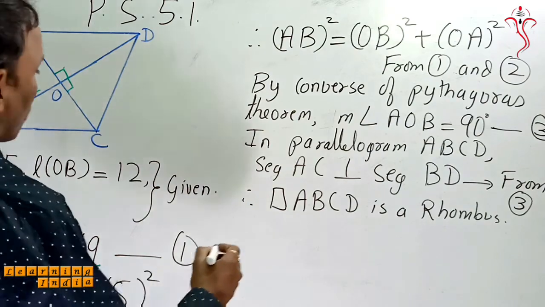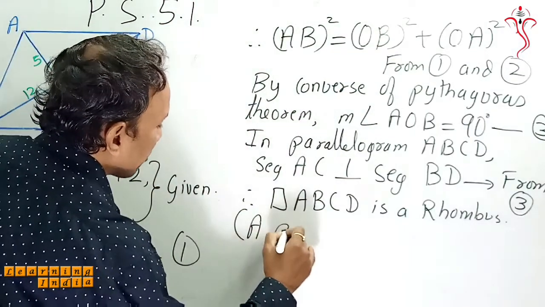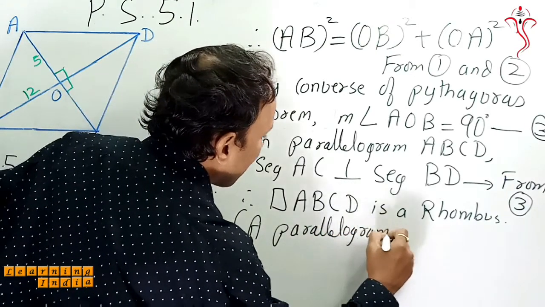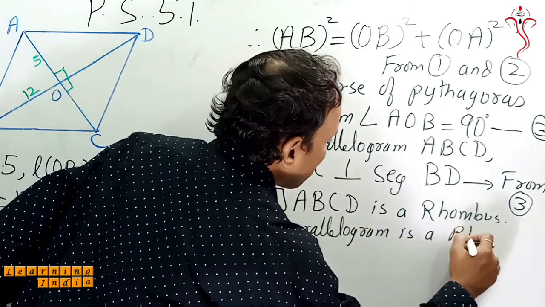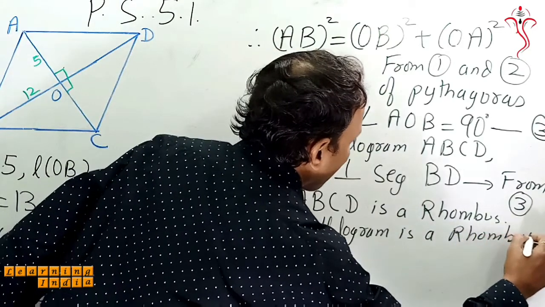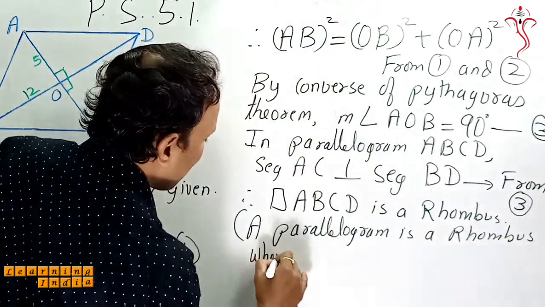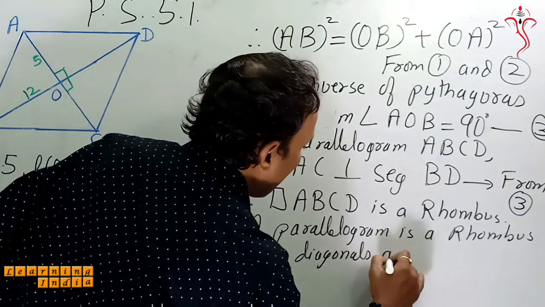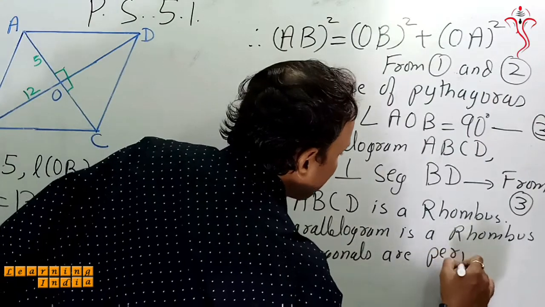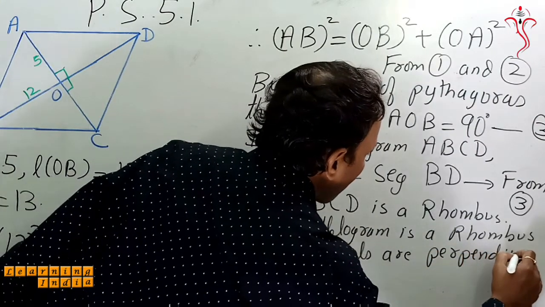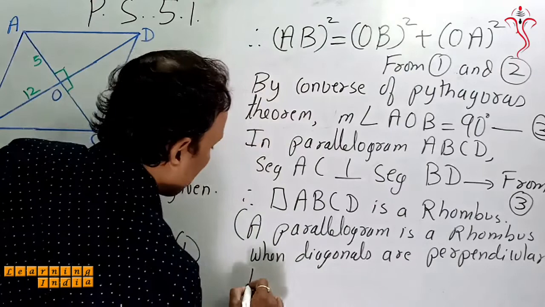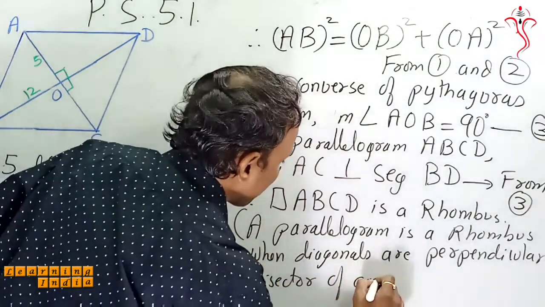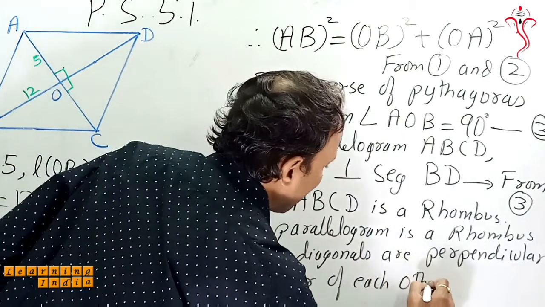A parallelogram is a rhombus when diagonals are perpendicular bisector of each other. This is the reason you have to write it down.